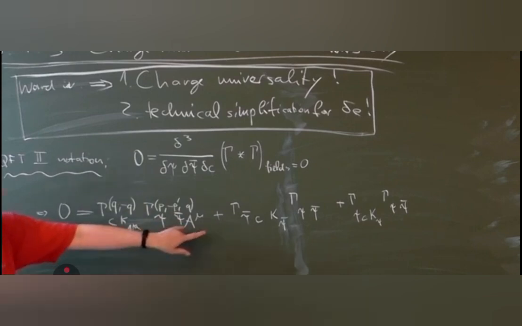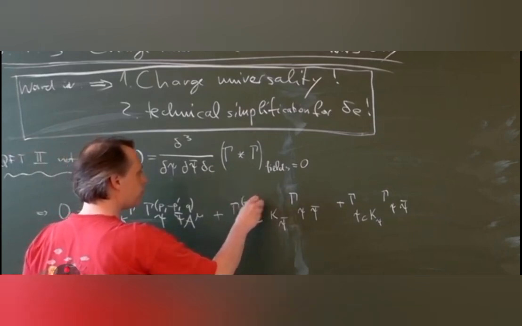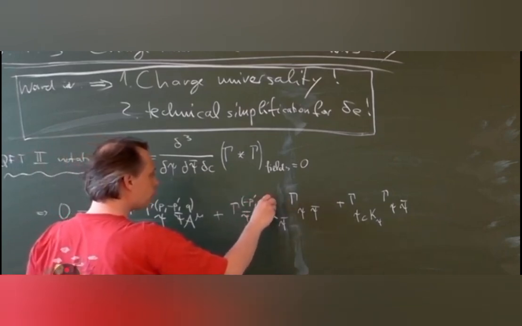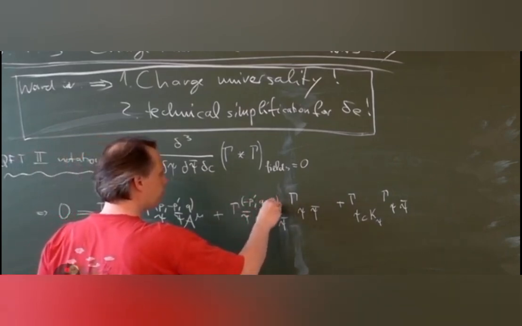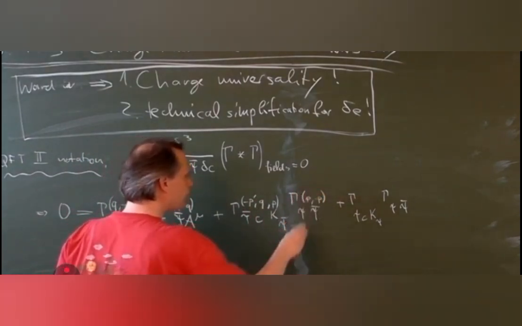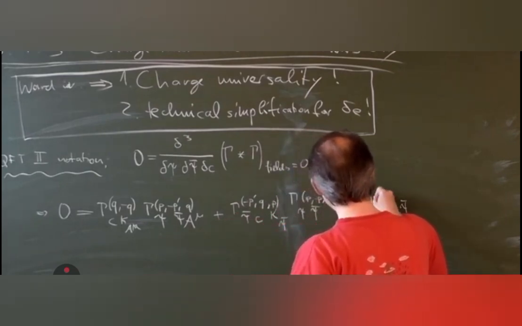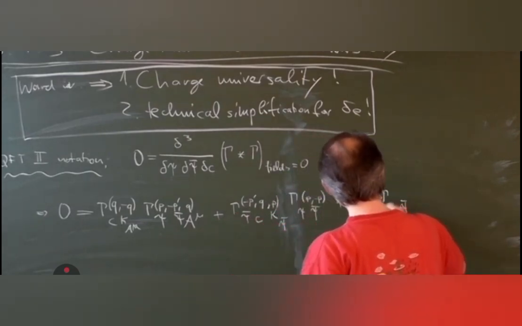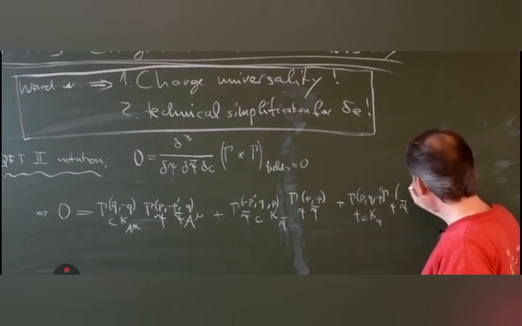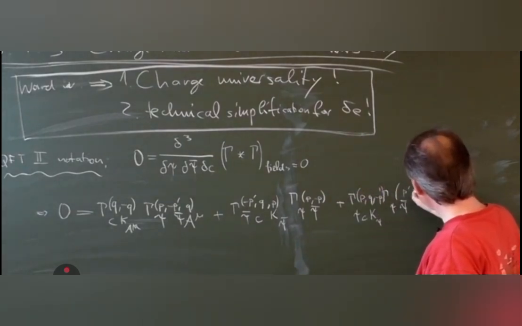Let's go on. So here our momentum assignment is that here we have minus p prime, q and p, and here then p and minus p. And here our momentum assignment is p, q, minus p prime, and here then p prime and minus p prime.